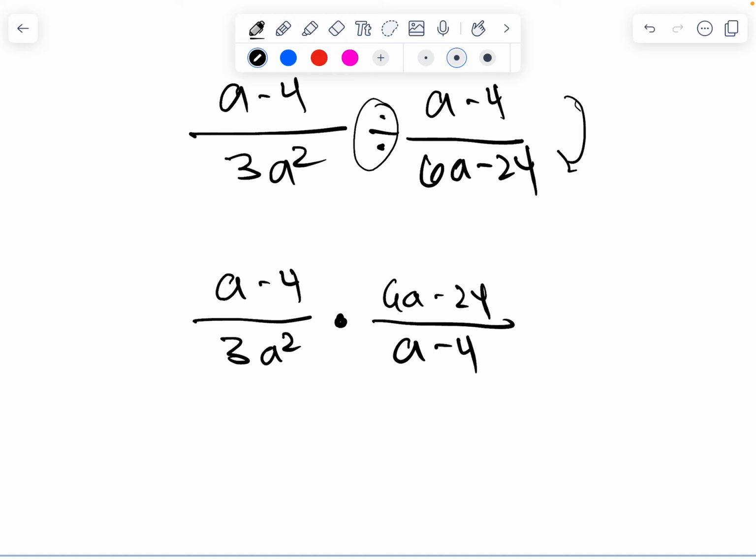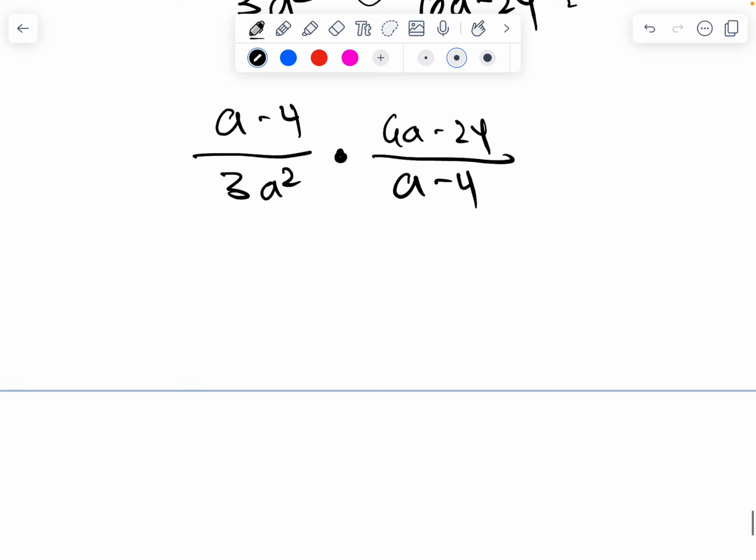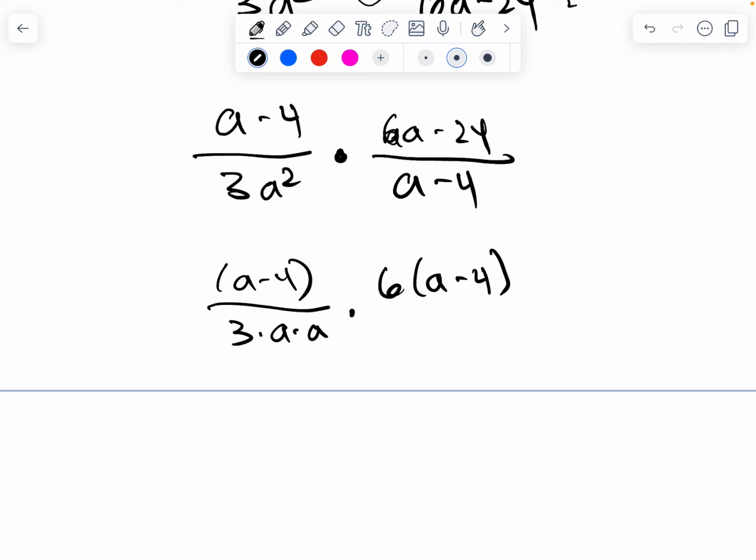Once you do that, then you can go ahead and factor. So the top is a minus 4. Can't factor that anymore. The bottom is 3a squared. Now 6a minus 24. We can factor a 6 out of that. That's going to be a minus 4. And then we have a minus 4. Okay, so we can actually cancel off a bunch of things here.